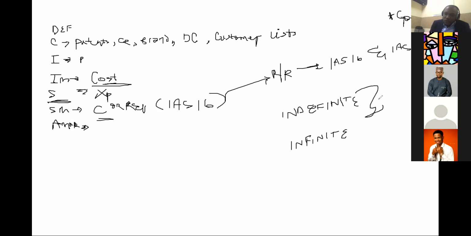Indefinite means that we don't know when the life will end. For example, the land might end one day, but it might end in 300 years or in 500 years. That's indefinite. Infinite is world without end. It will never end.